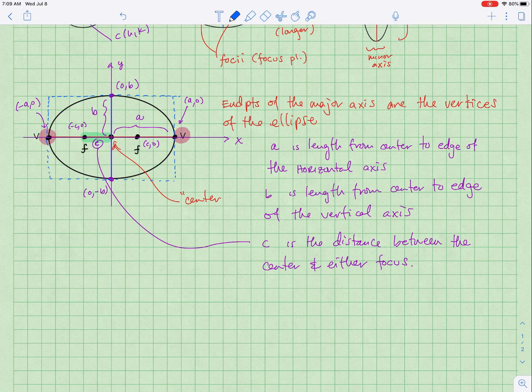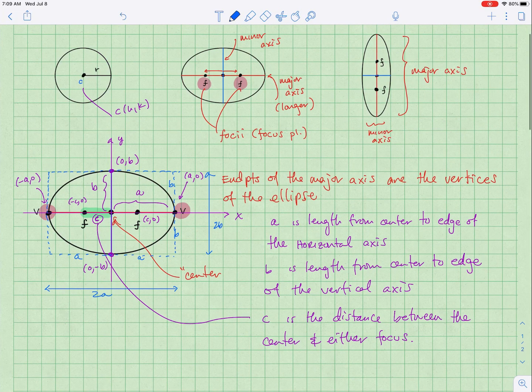And that's also directly related to these same values. This length is B, this length is B, this length is A, this length is A. And so the total distance from side to side here is 2A, and the total distance from top to bottom is 2B. And those are the main features that we're going to be focusing on.